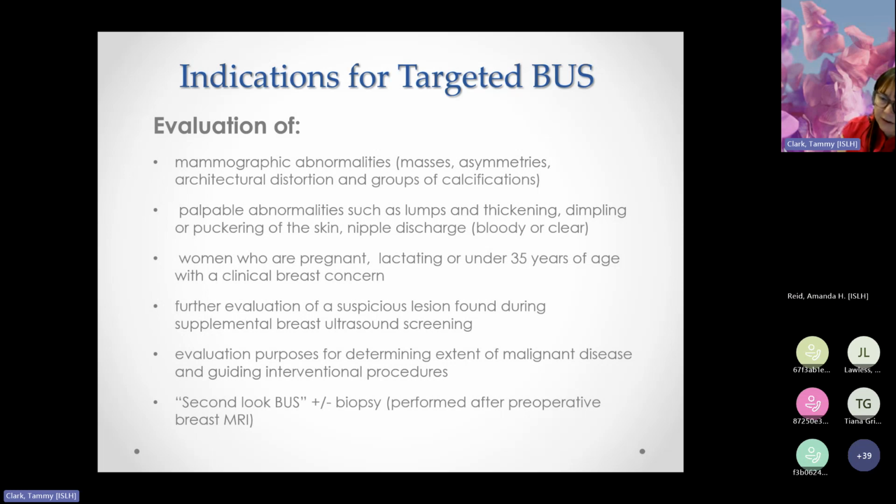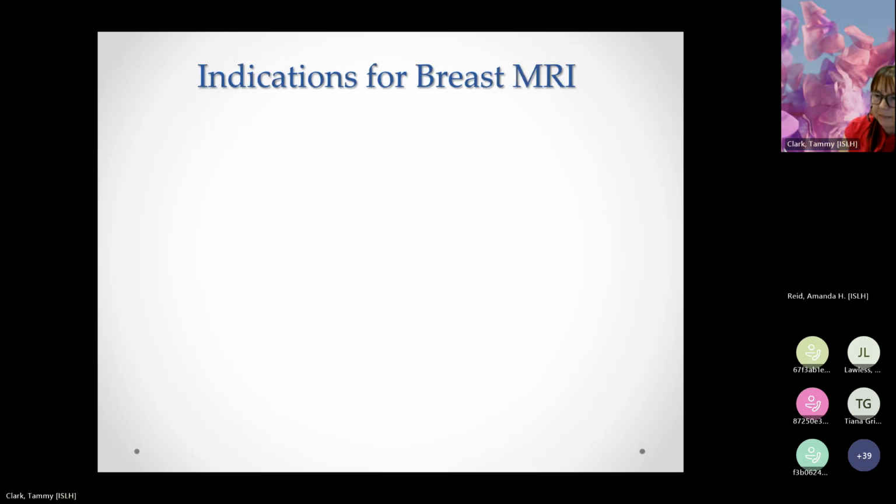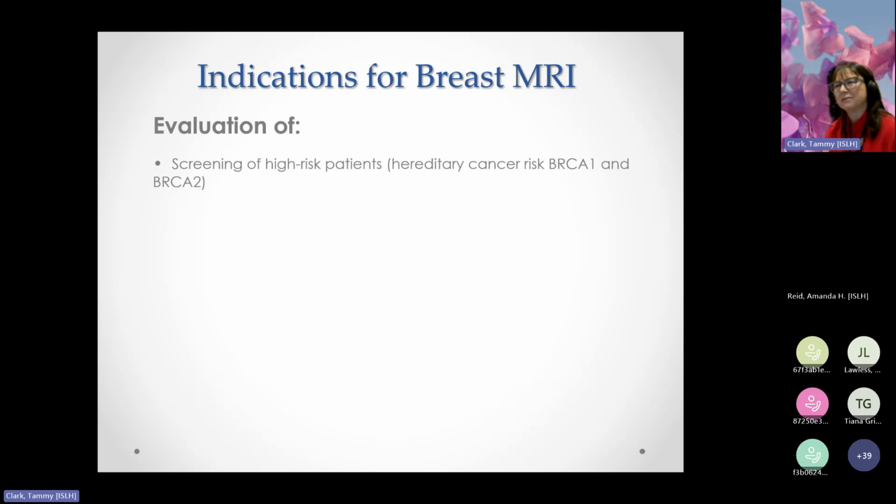It's up to us to find that very subtle thing that's going to be showing up on ultrasound that corresponds to the MRI. So I just kind of told you everything about MRI, but I'll go through this just to highlight the parts that I missed.